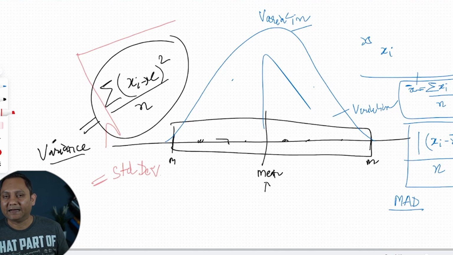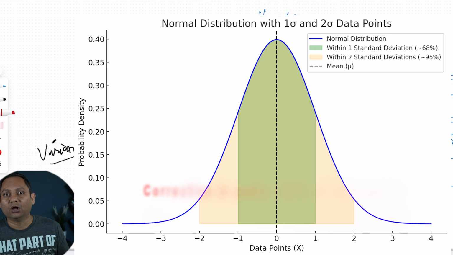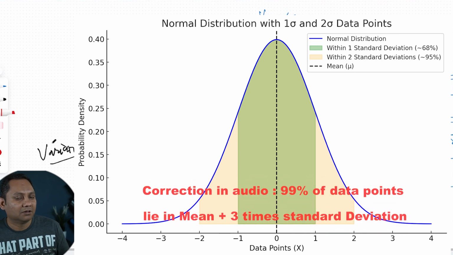So most of my data points, 66 or 68% of my data points, will be between 100 minus 10 and 100 plus 10. And if I take 2 times the deviation, which is 100 minus 20 and 100 plus 20, then roughly 99% of my data will be in that range.